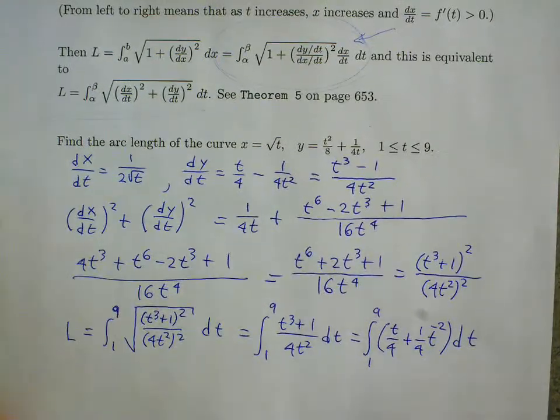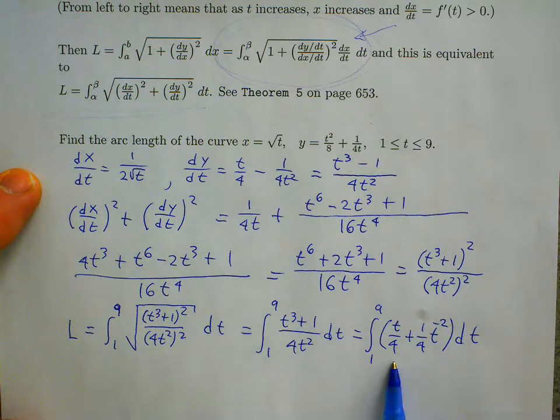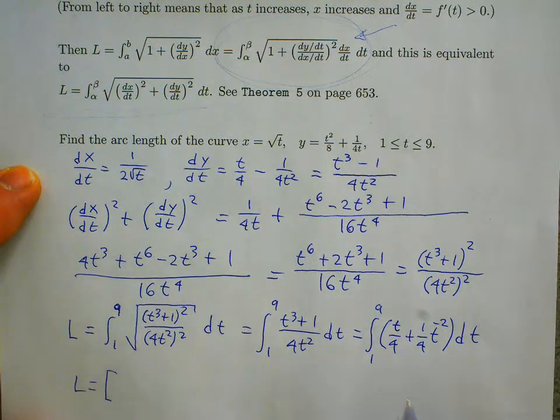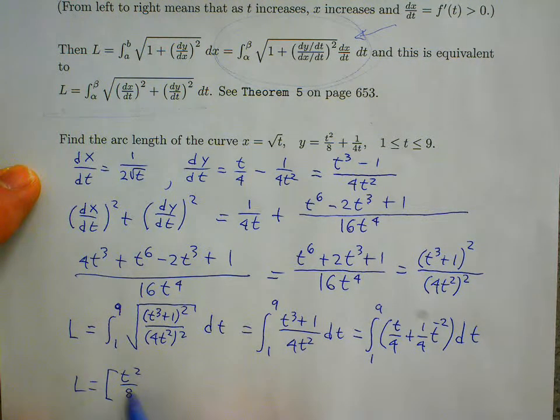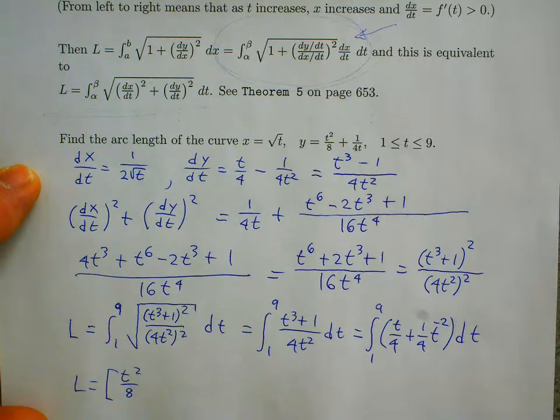So we're just a couple of steps away. Find an antiderivative. So we get t squared over 8. And then minus 1 over 4t. Evaluate that from 1 to 9.